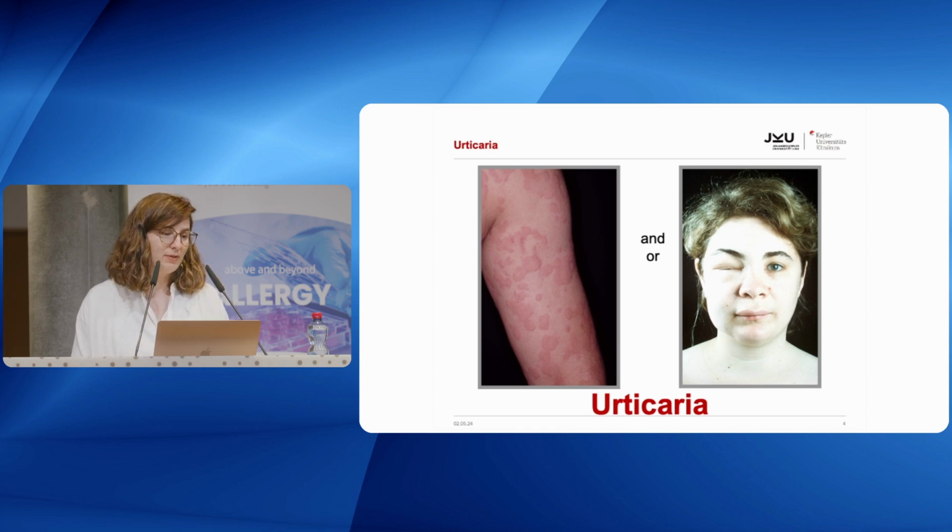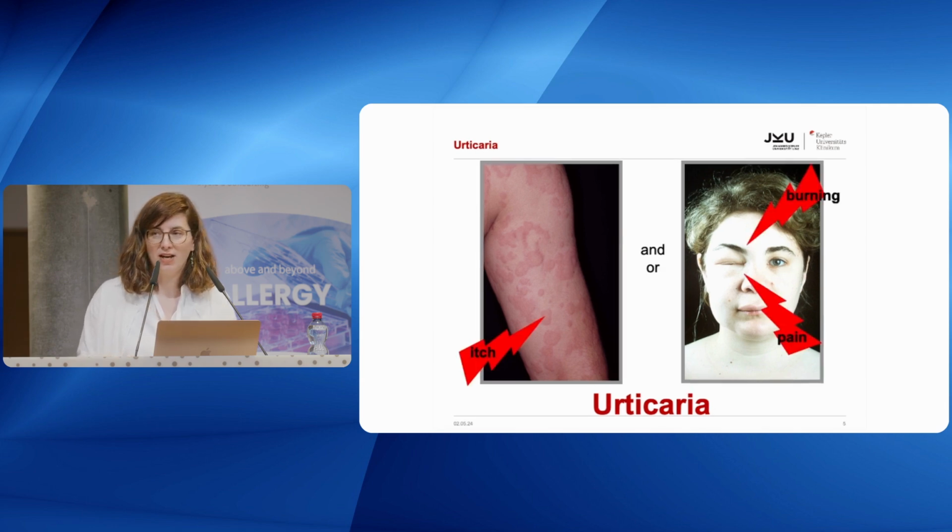What is urticaria? Urticaria is a disease that is defined by the occurrence of wheals and/or angioedema. If a patient has this, the chances are very high that the patient has urticaria. The problem is not so much how it looks.